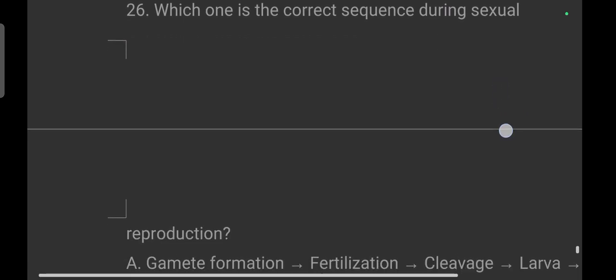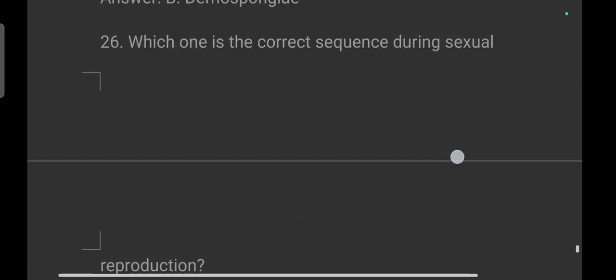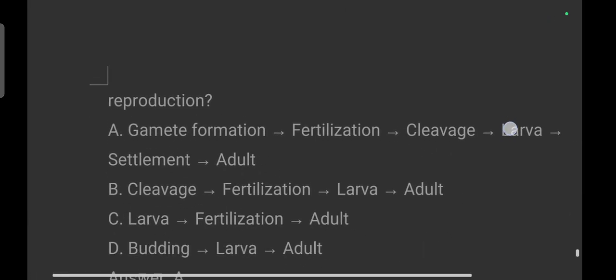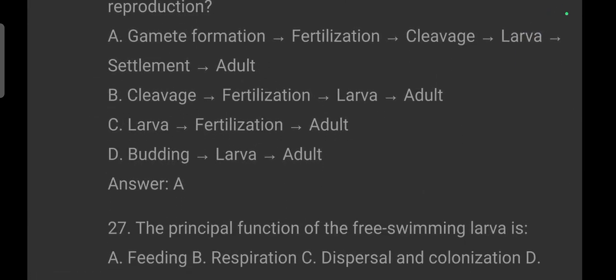Which one is the correct sequence during sexual reproduction? Gamete formation, fertilization, cleavage, larva, settlement, adult; or cleavage, fertilization, larva, adult; or larva, fertilization, adult; or budding, larva, adult.